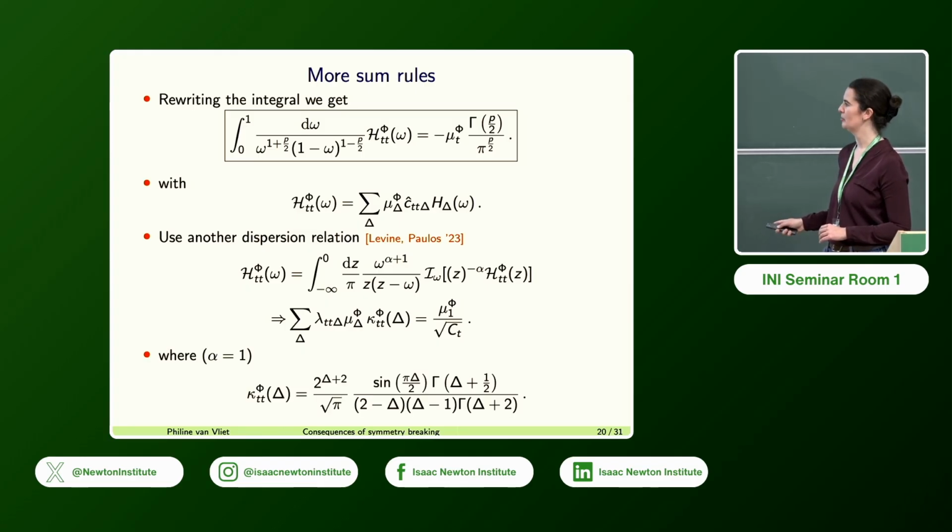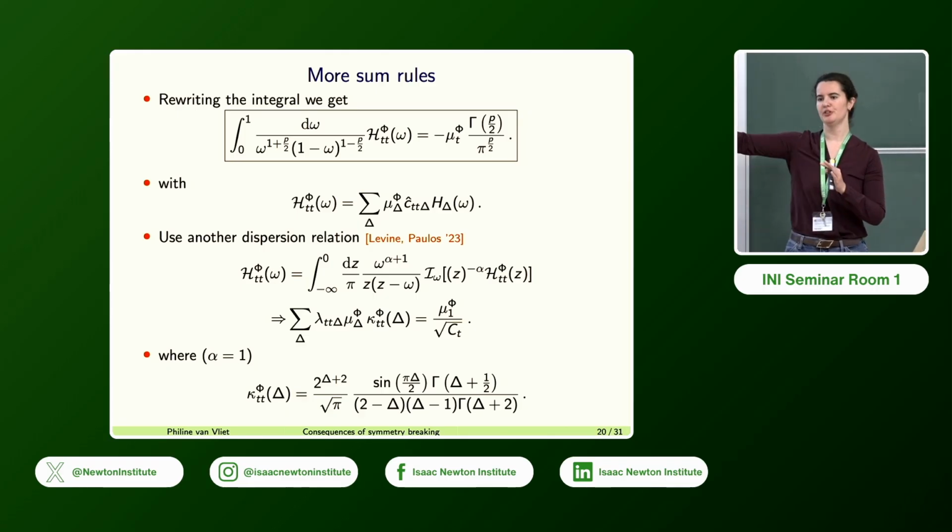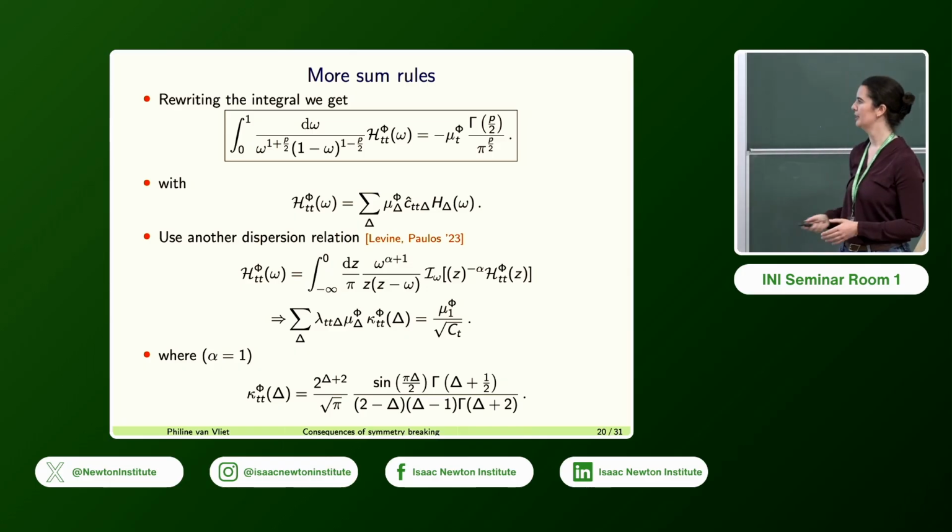Kappa is now simple enough that it just fit on one line, so I also showed this here for you. And we can derive these constraints for several values of this parameter alpha. All it does is move the place where these single zeros appear. So for alpha equals 1, you see that there is a pole at delta equals 1.